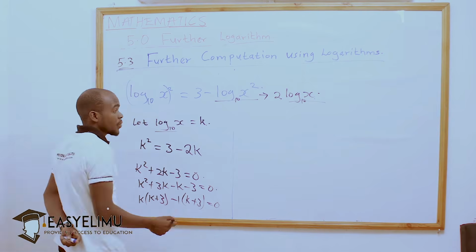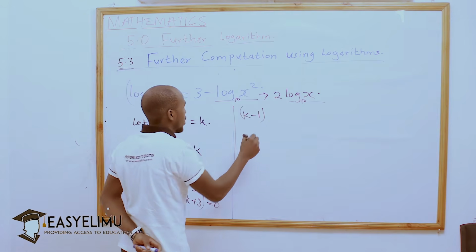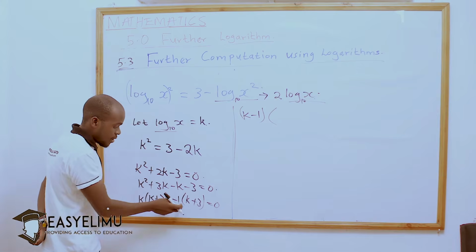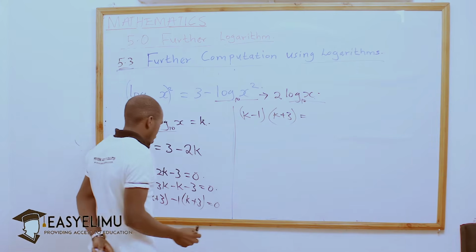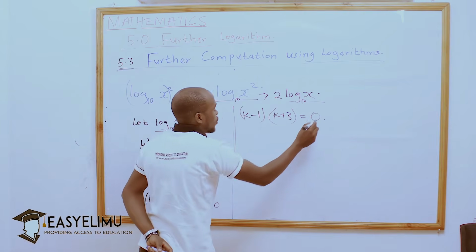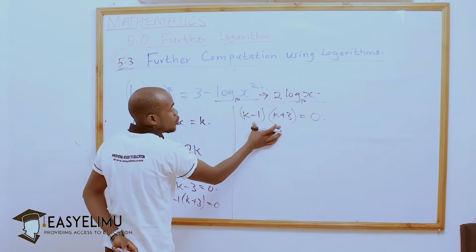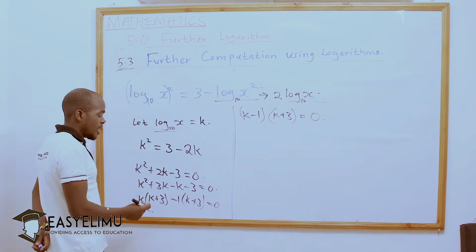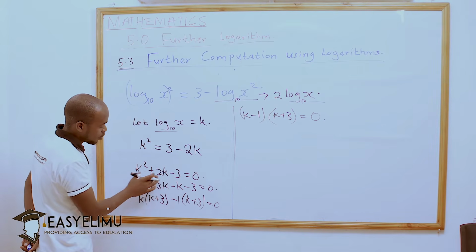If you take the outside factors and put them together, you will find k minus 1, and you take one of the factors in the bracket, you will get k plus 3, such that that is equal to 0. And if you expand these two factors, you will find they give you back your quadratic equation.